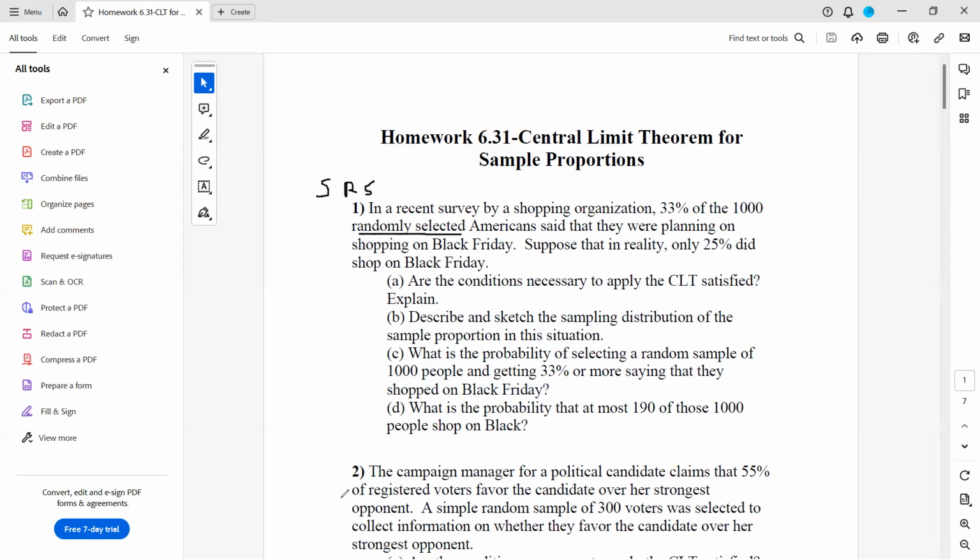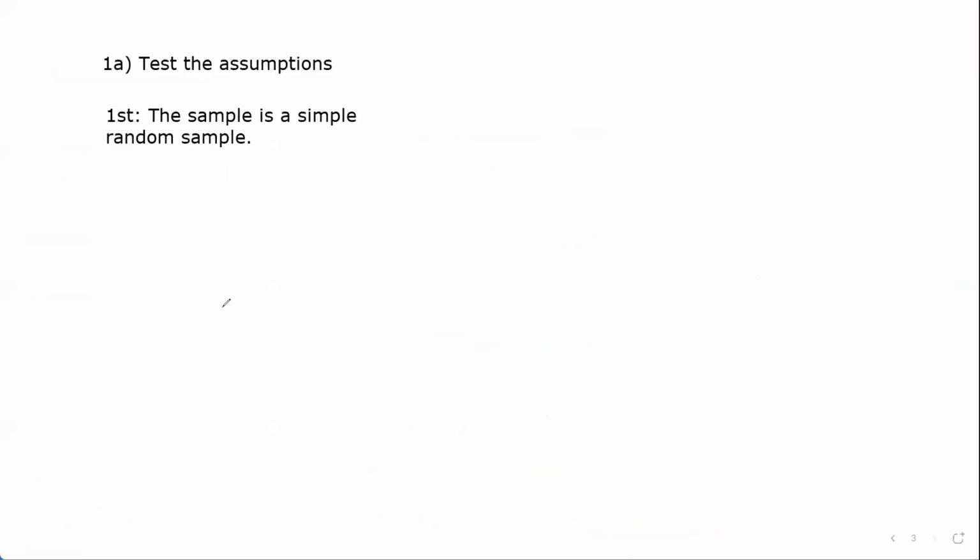So you go back to your statement and you say the sample is a simple random sample. I'm going to write a sentence just to make this clear. You don't have to write a whole sentence. You can write yes and put a check mark. I'm going to write a whole sentence just so it's clear.